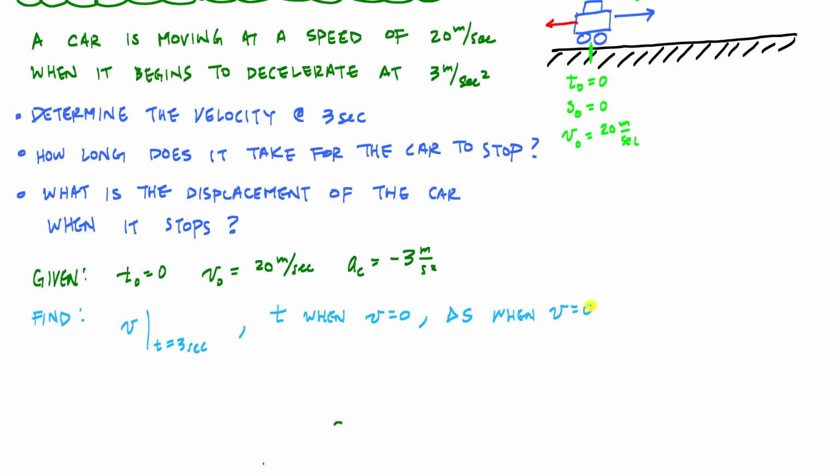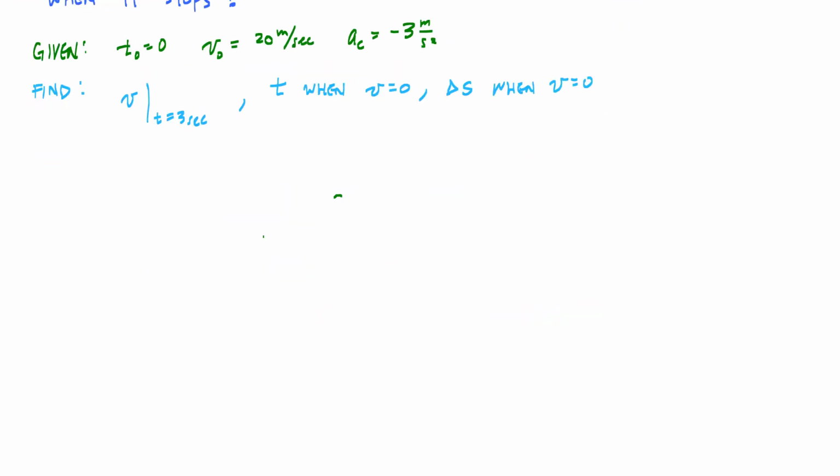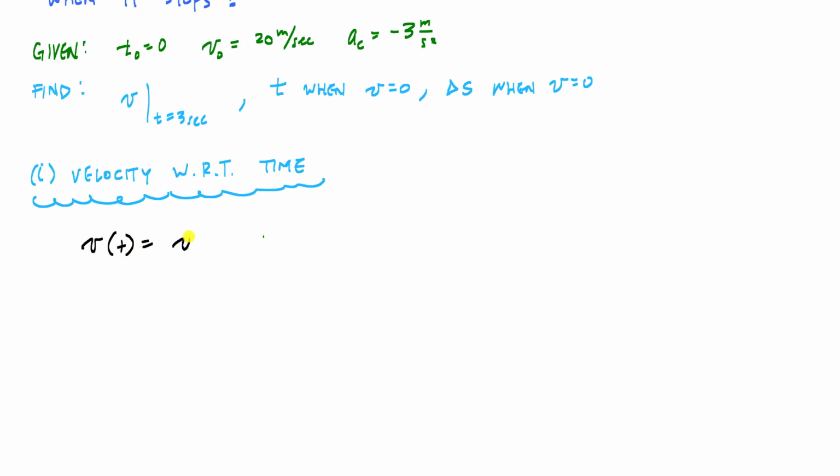All right, so let's go ahead and get to it. To answer the first part, we need the velocity with respect to time. And we know that when we have constant acceleration, you don't have to memorize these equations. You could actually evaluate the integral, but over time, the more you practice, you'll get a sense of it. Our t0 is 0, so our velocity as a function of time is equal to v0 plus a_c t.